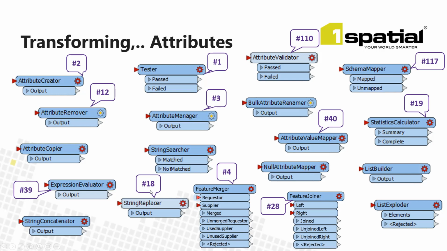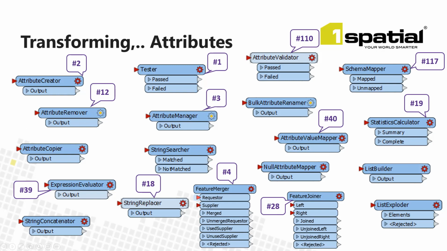I've just identified what rank they are on the popularity list. So you can see the number 2 here, the attribute creator, really commonly used, really helpful. Some of these we'll find have now been superseded almost by something like the attribute manager.